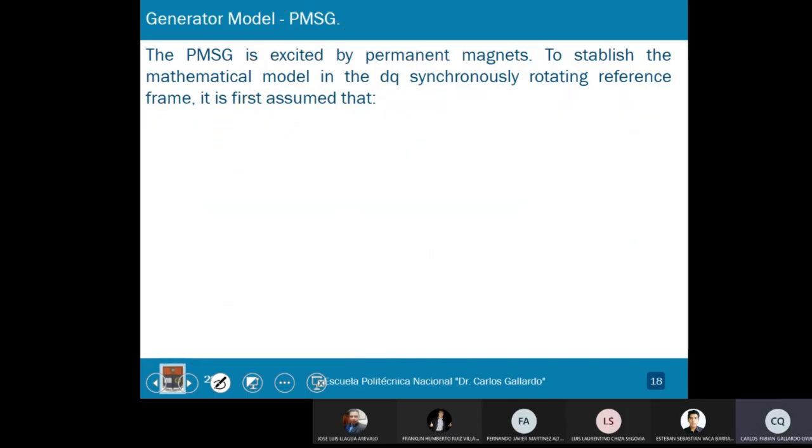For this case, the expression for the components of the stator voltage on the DQ axis are, in this case, the stator voltage on the D axis is equal to the stator resistance times the stator current plus the derivative of the stator flux on the D axis minus the electrical angular frequency of the generator times the stator flux on the Q axis.